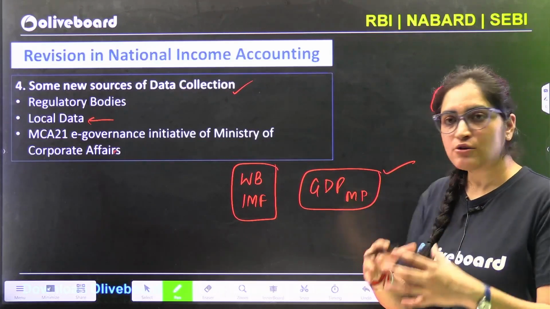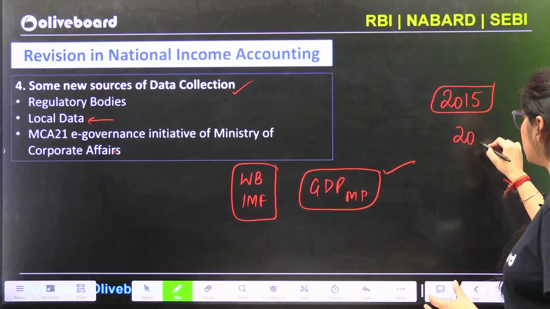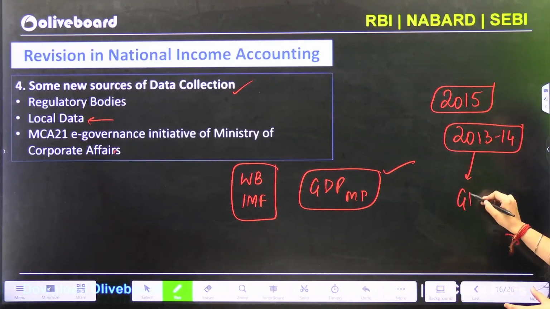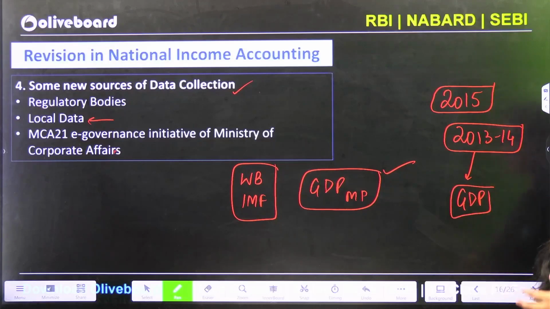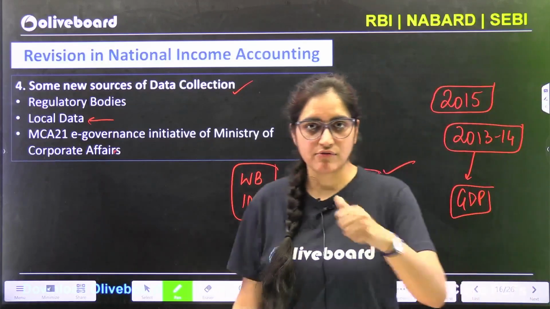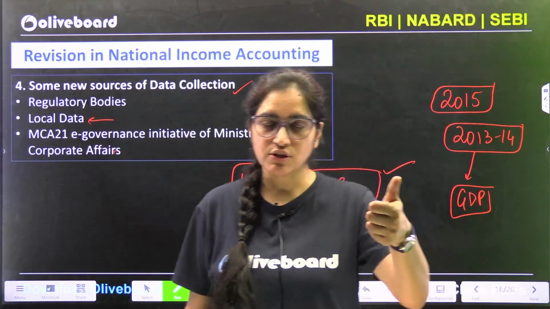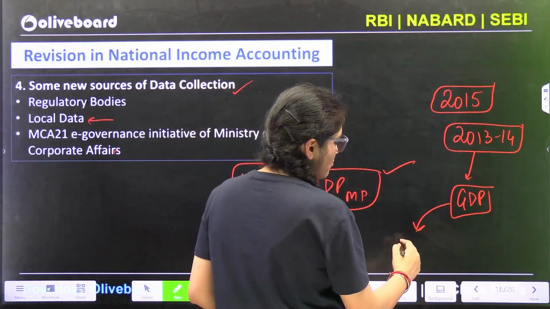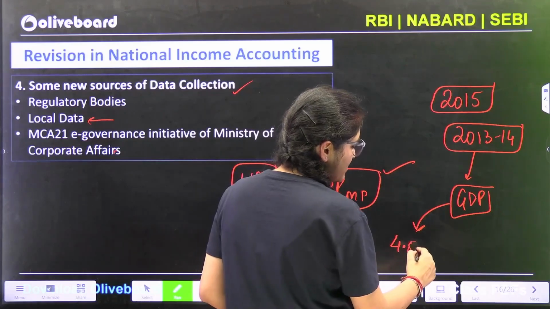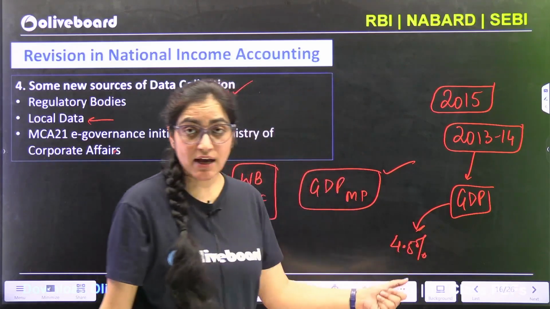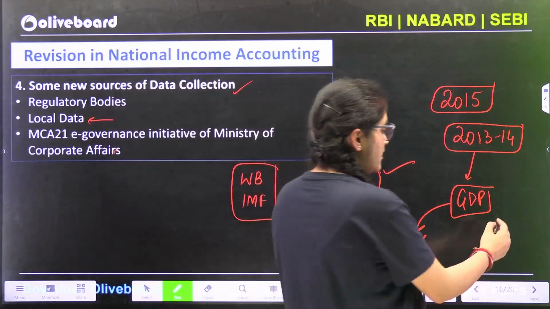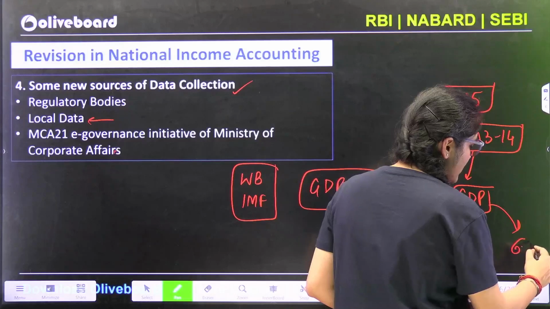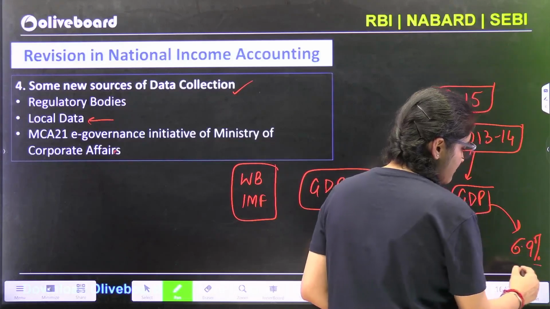When we calculated the GDP of 2013-14 with the old method, at factor cost, the GDP was coming out to be 4.5% something. When we calculated the same GDP using the new methodology, it got inflated to roughly 6.7, 6.9%.